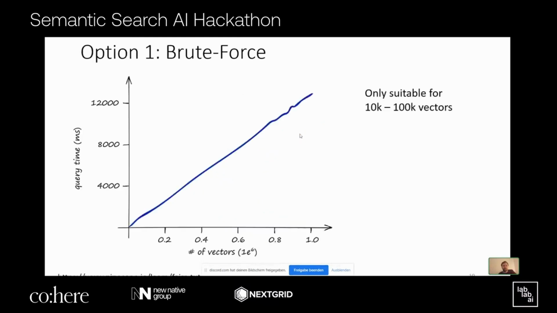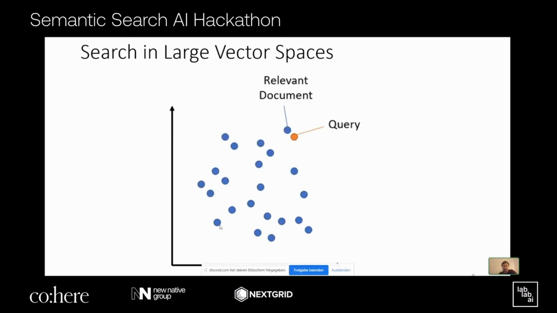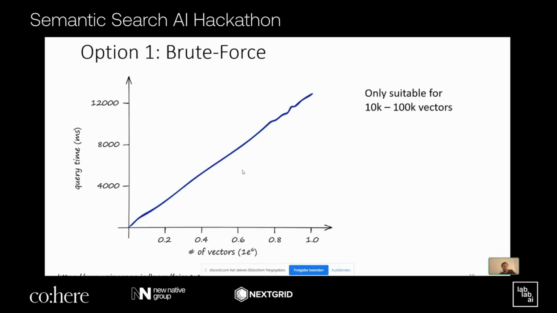First, the most simple approach is brute force. So basically, for every document, you compare the distance or similarity to the query, and then you sort them in a decreasing order, like highest distance to lowest distance, and say, okay, these are the top five documents with the lowest distance or highest similarity to the query. The challenge here is, of course, query time grows linearly with the number of vectors.